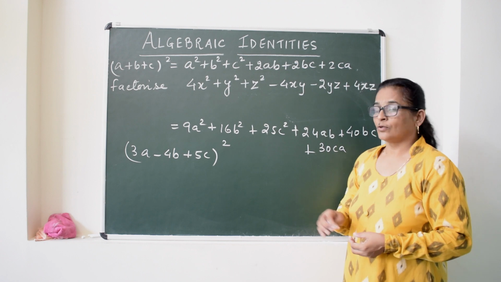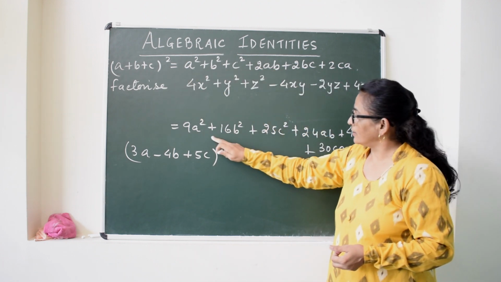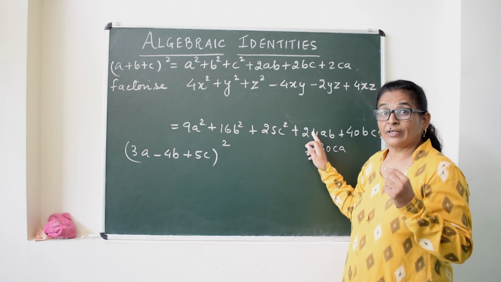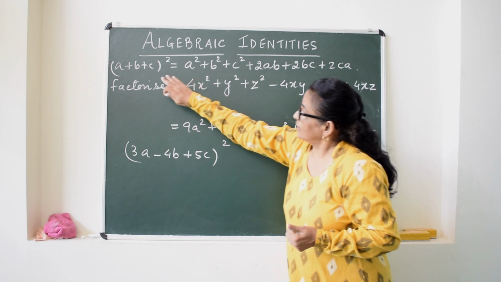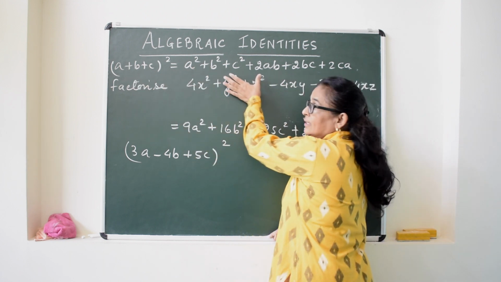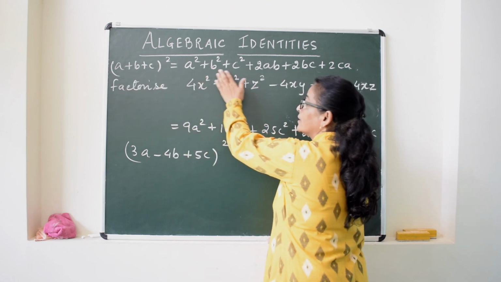So first we saw how to write the expansion of a plus b plus c the whole square, and this was the expansion. Now if the question is opposite to that, means factorize. So in the expansion of an identity, this is the LHS and this is the RHS. When LHS is given and asked what is the expansion, then we will write it like this.